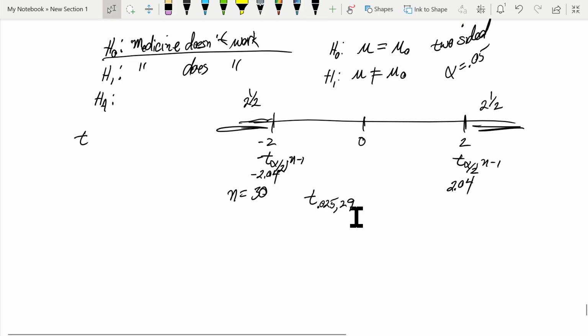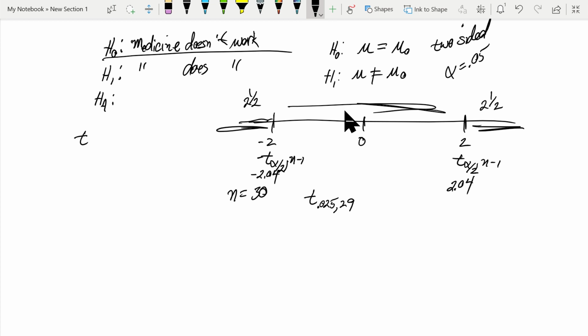So if I do the experiment and I get an answer, I'm going to get a t statistic out of this experiment, and the t-value is either bigger than 2.04 or less than minus 2.04, then I'm going to reject the null hypothesis. If it's anywhere in the middle, and I don't care where it is in the middle, I fail to reject.